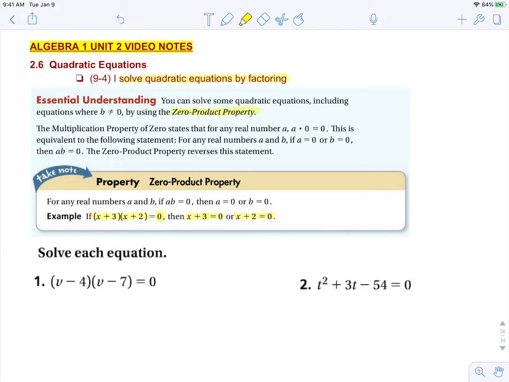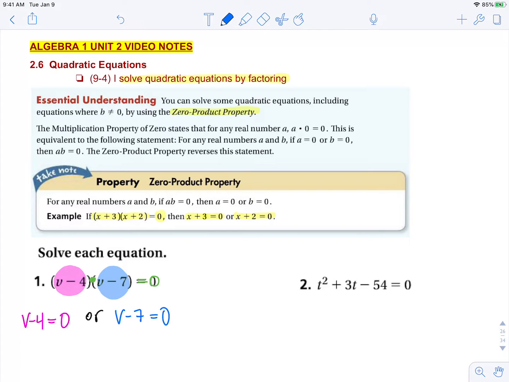If I look at number 1 here, we have two quantities, v minus 4 and v minus 7, and they are multiplying to equal 0. Well, if I have two quantities multiplying to equal 0, then either the first one had to equal 0 or the second quantity had to equal 0.